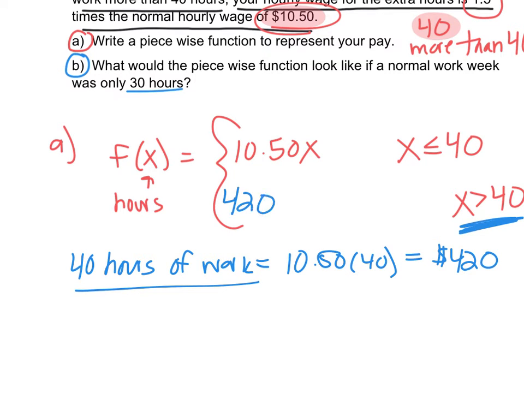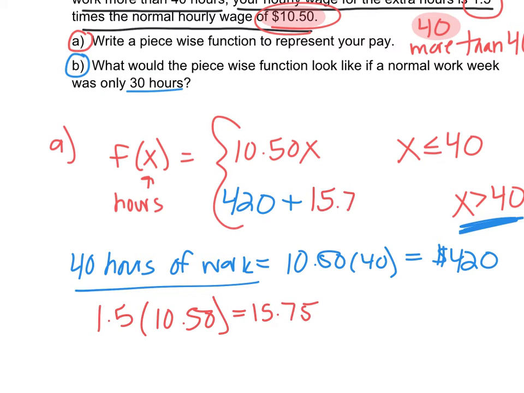So we'll get paid those $420, and we'll get paid more than that. We'll get paid 1.5 times that $10.50. So if we take $10.50 and we multiply it times 1.5, time and a half, we get $15.75. So that's our new pay per hour for the hours that are more than 40.